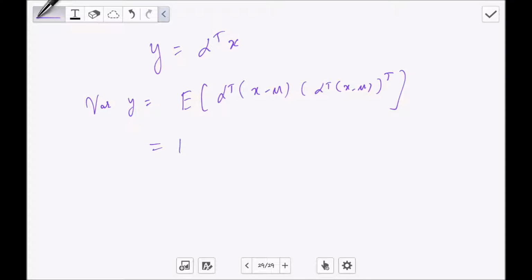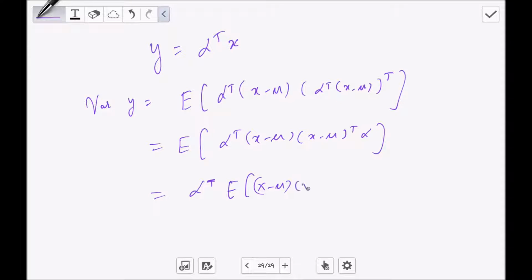This will become E of alpha transpose x minus mu times x minus mu the whole transpose alpha, because alpha transpose and alpha are constants, so I can get them out. Alpha transpose E of x minus mu into x minus mu transpose alpha.